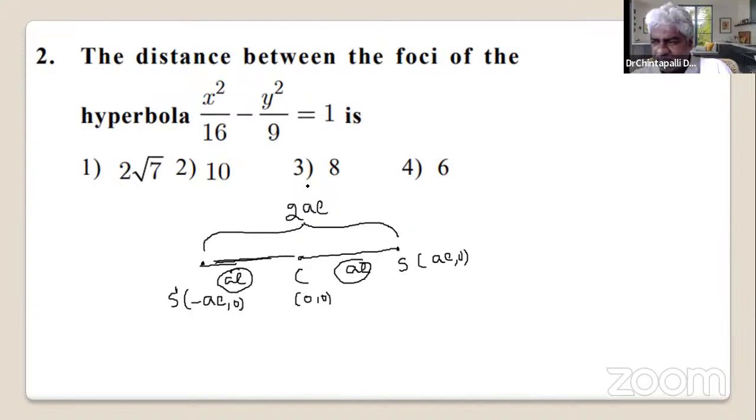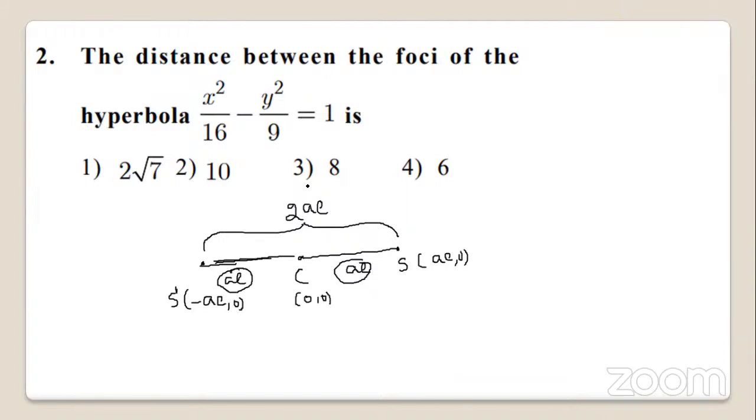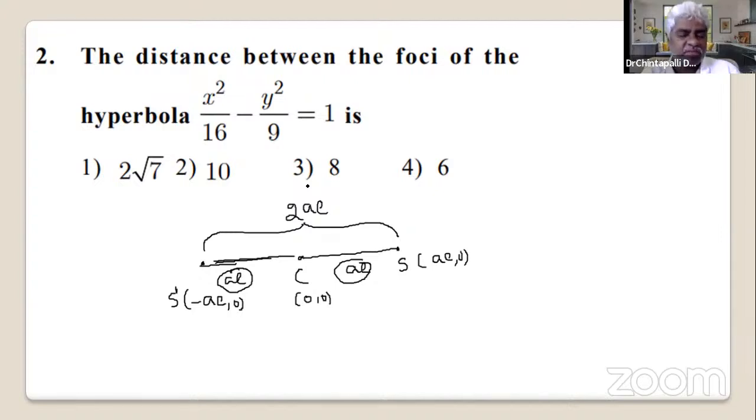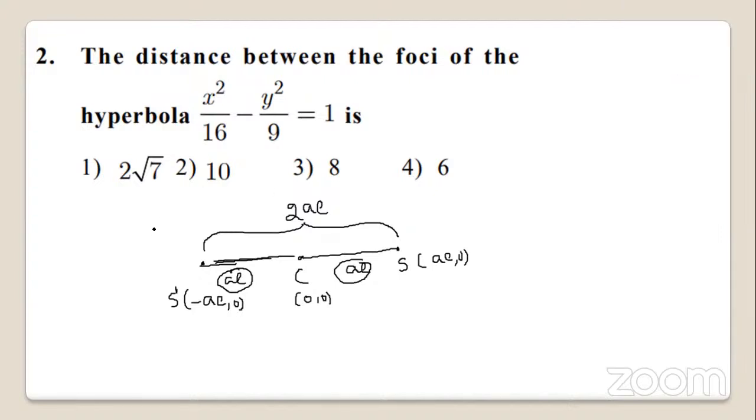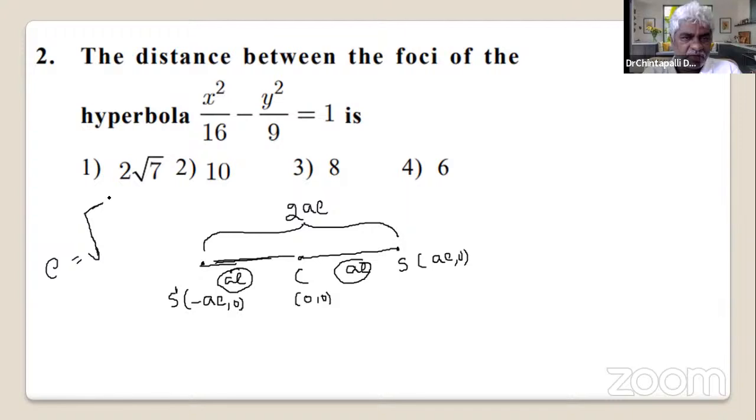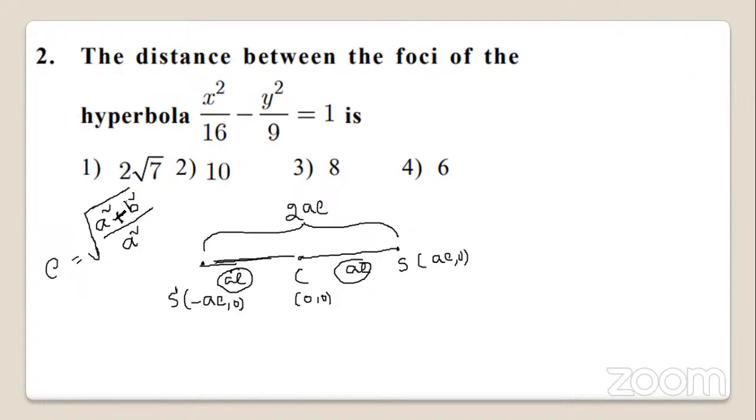What is a here? 4, sir. Very good. How to find e? Previously, how did we find e? E equals root of a square minus b square by a square. But now the difference is that there is a plus instead of a minus.